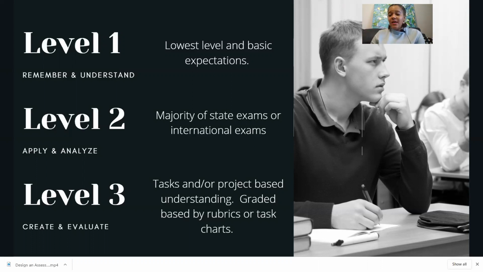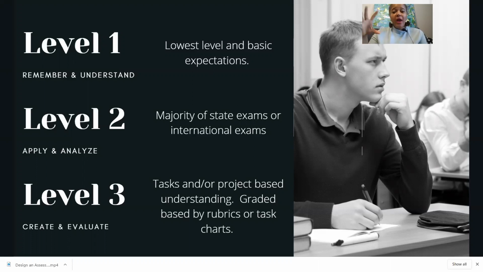Now, if the essay was something simple like describe your teaching philosophy, that's one thing, because that is actually maybe applied. But most of those essays are, this is the scenario here. This child needs this. This is the data. What are you going to do and how do you do it? That moved that to a create and evaluate, which is a level 3.